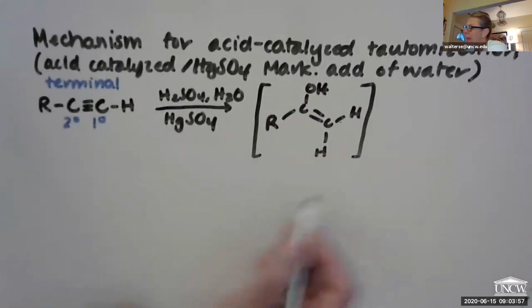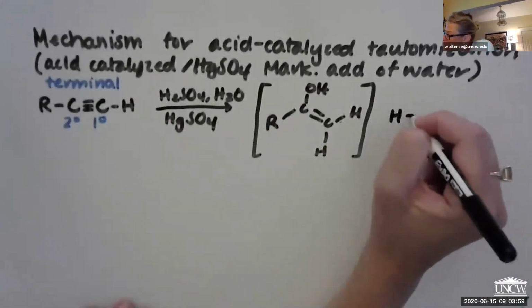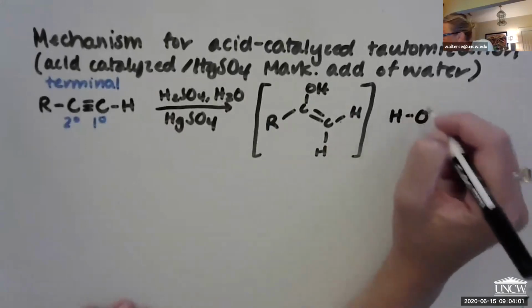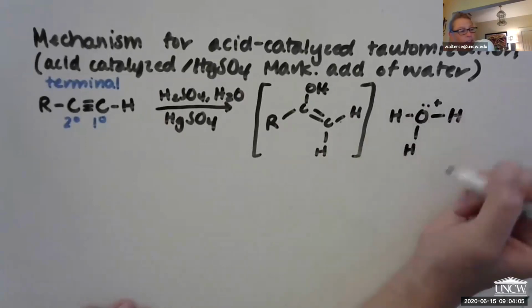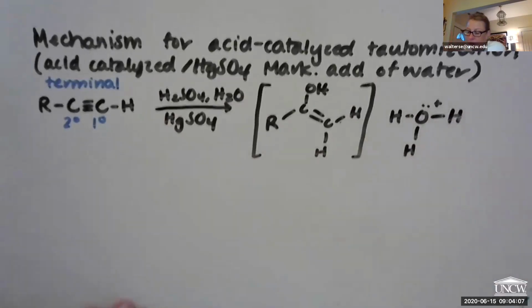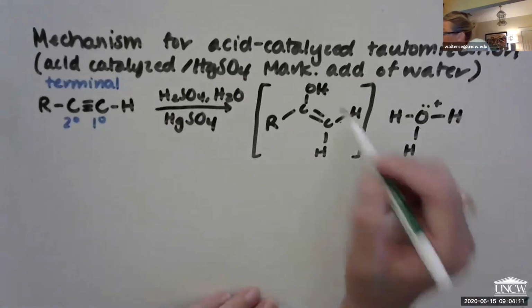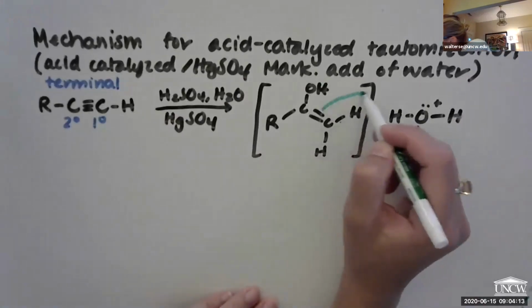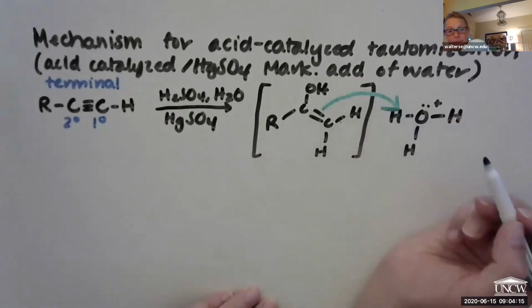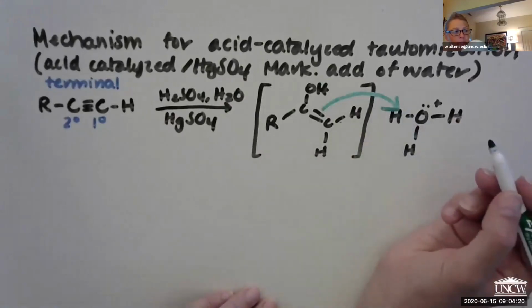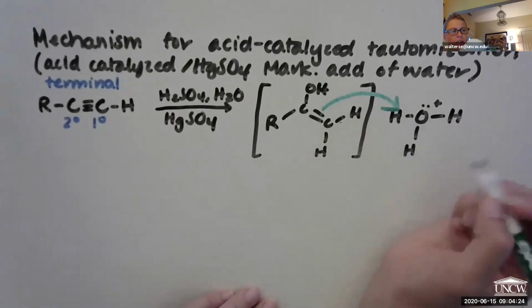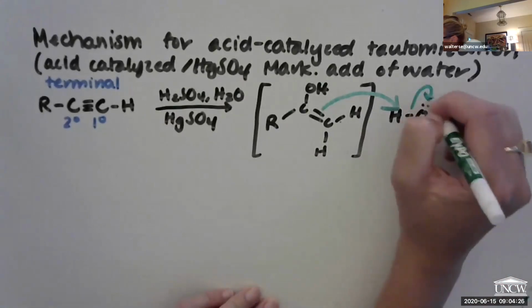Now, this species is going to then react with acid. Okay. And we're going to use our pi electrons to get a proton. And then we're going to kick off water.